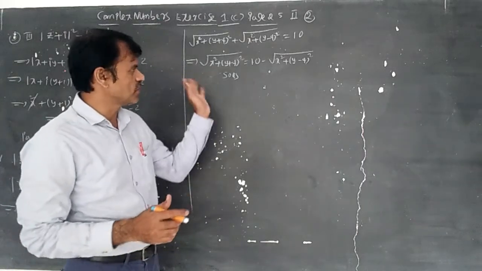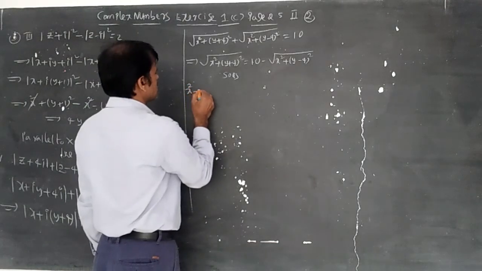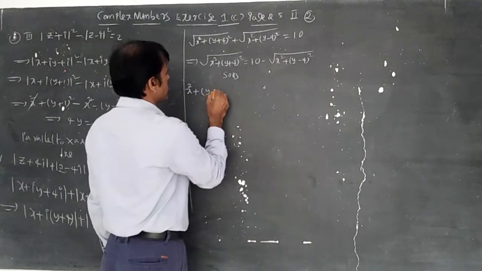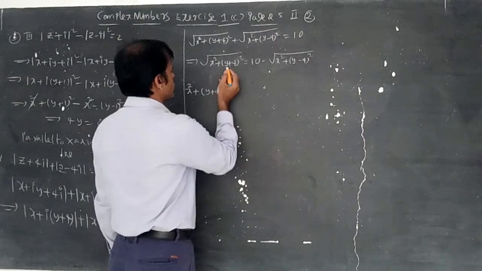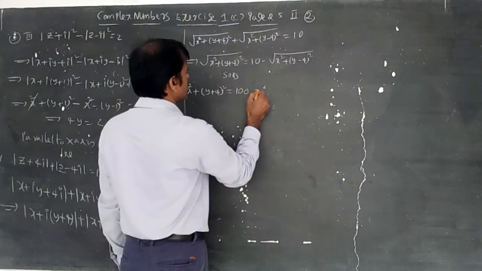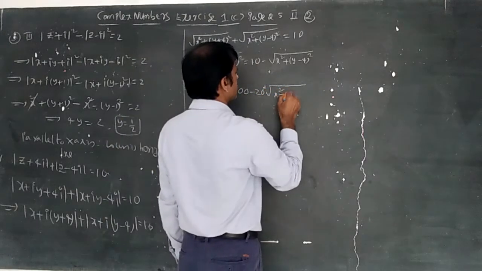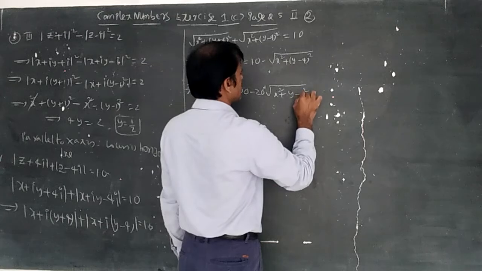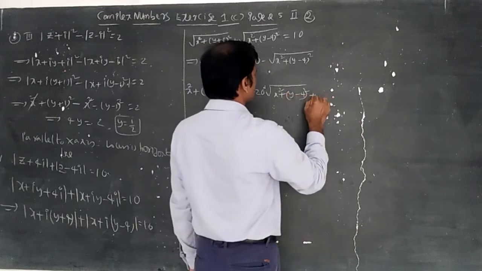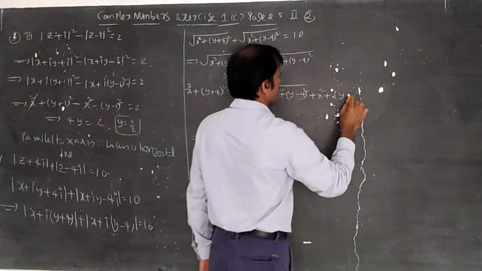Like that model you can do everything. By squaring both sides you get here x square plus (y plus 4) whole square is equal to 100 minus 20 into root of x square plus (y minus 4) whole square, plus x square plus (y minus 4) whole square.